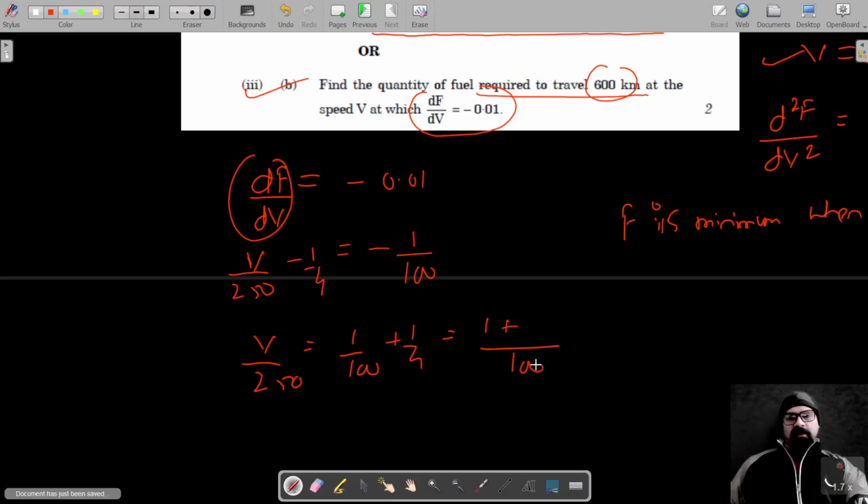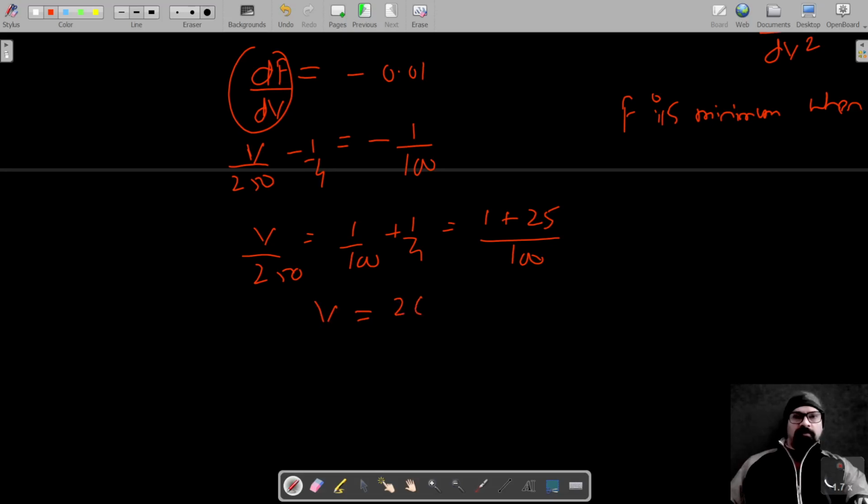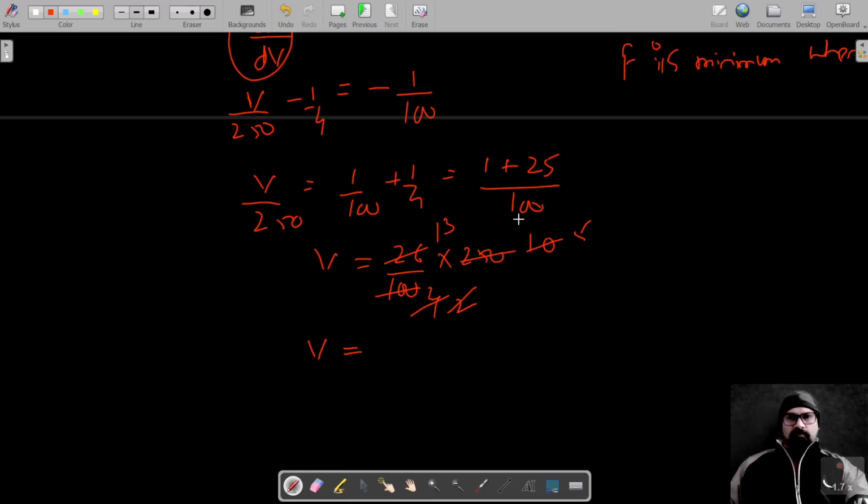So this is 1 plus 25 upon 100, which is 26 upon 100. So v is equal to 26 upon 100 into 250.